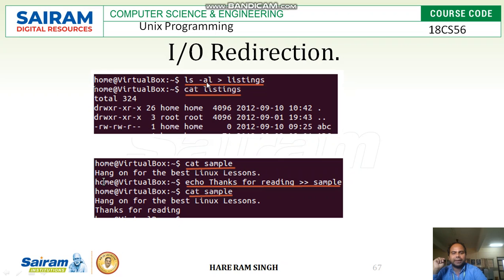But since we have redirected using the angle bracket, the output of ls -al will be redirected to the file listings. If you want to see the listing, you can use the cat command, cat listings, and whatever output of ls -al is there, you can see here. So total 324 and different files. This is called output redirection.